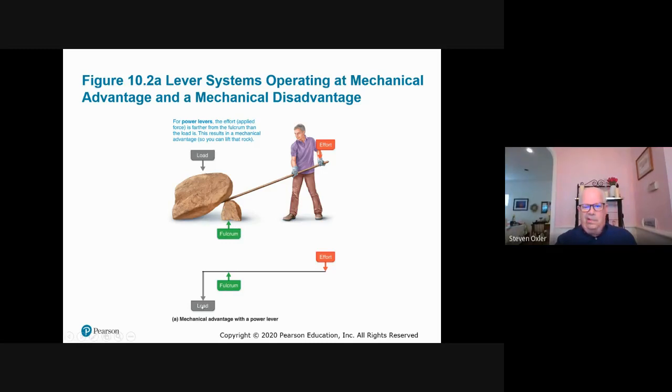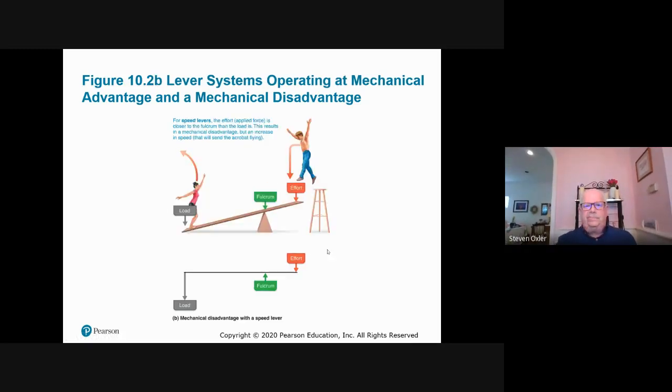Here it is. Here's the load. Here's the fulcrum. The effort is far away. If the effort is closer to the fulcrum, there is a mechanical disadvantage. The effort is closer to the fulcrum than the load is.